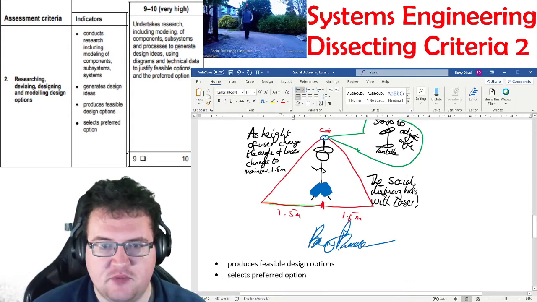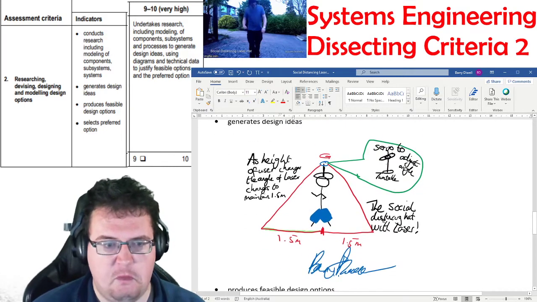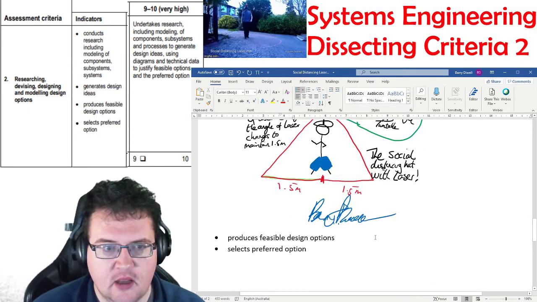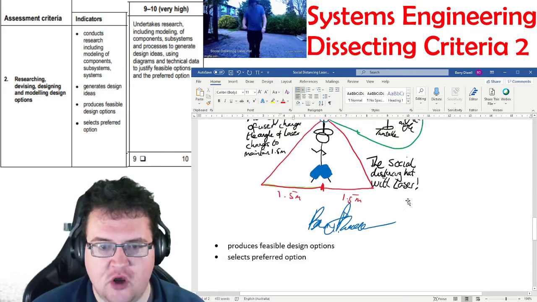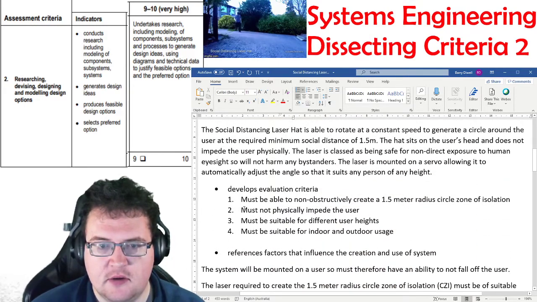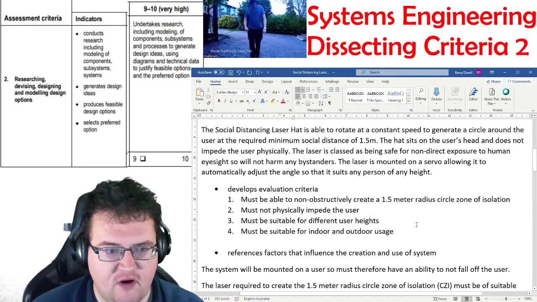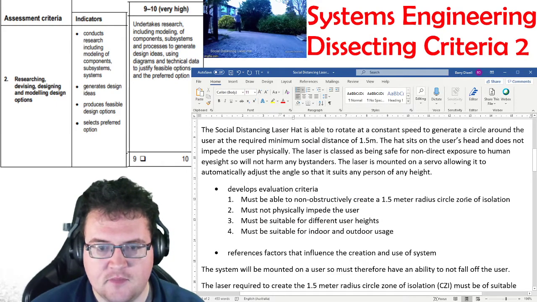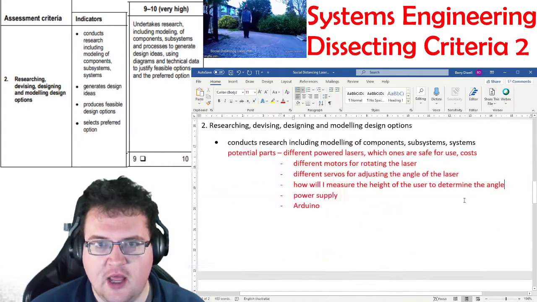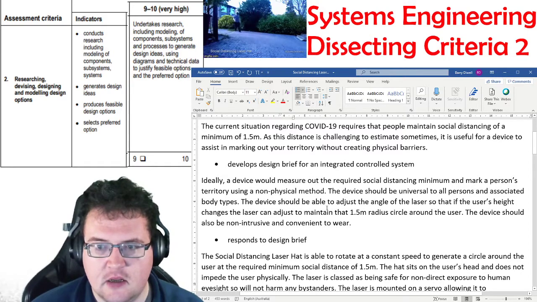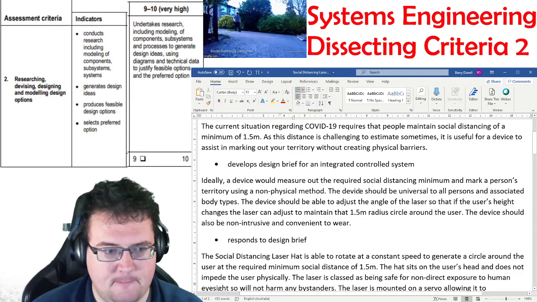All right, so you would need to produce 3 feasible design options. And then if you go back to the criteria, these are the ones that I came up with last time, very roughly. It doesn't have to be, for example, a hat like I've come up with here. Notice in my design brief, I haven't said it needs to be a hat.